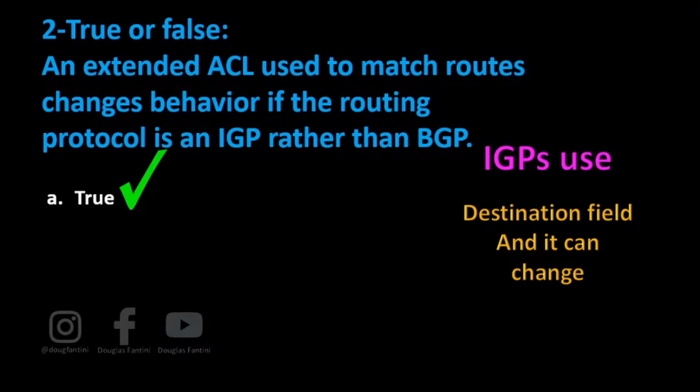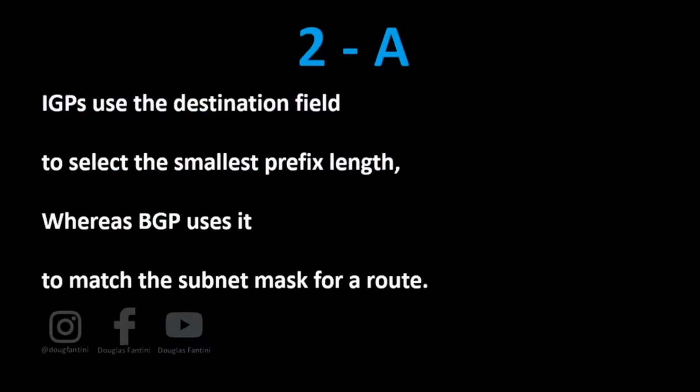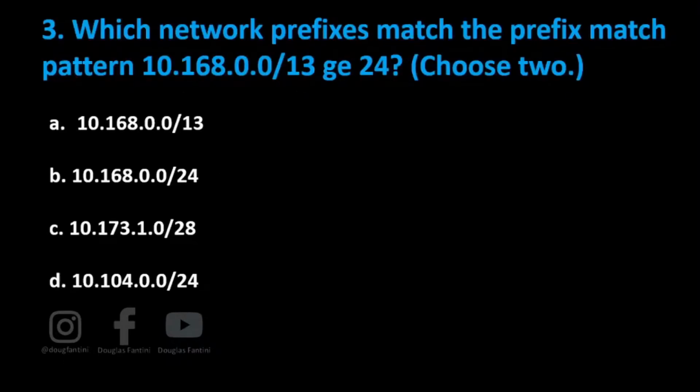IGPs use the destination field and it can change. So question number 2, correct answer is letter A. IGPs use the destination field to select the smallest prefix length, whereas BGP uses it to match the subnet mask for a route.